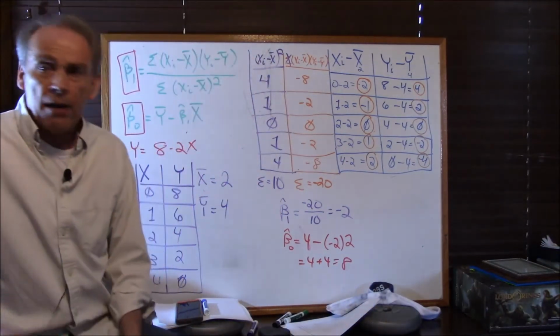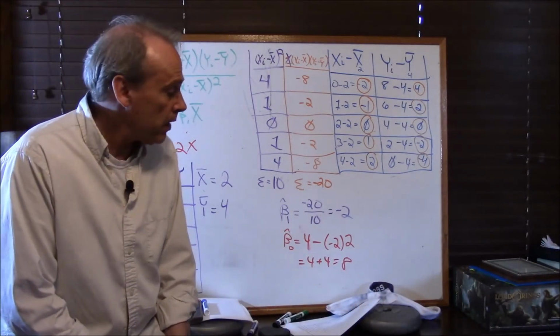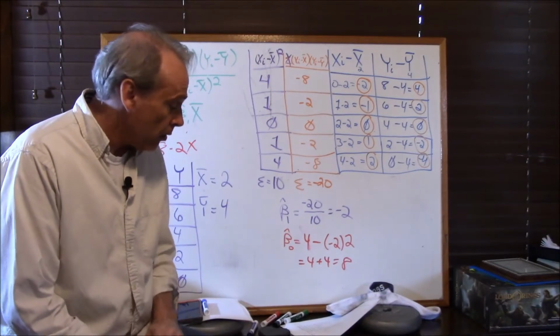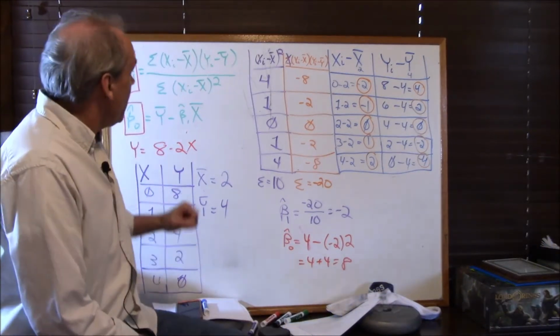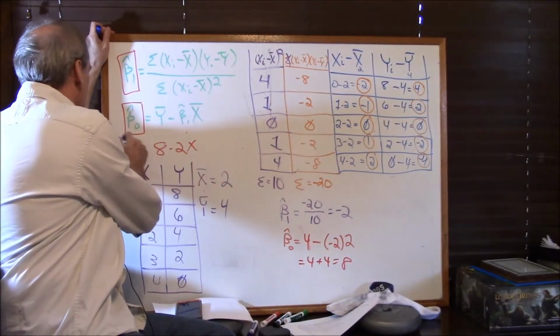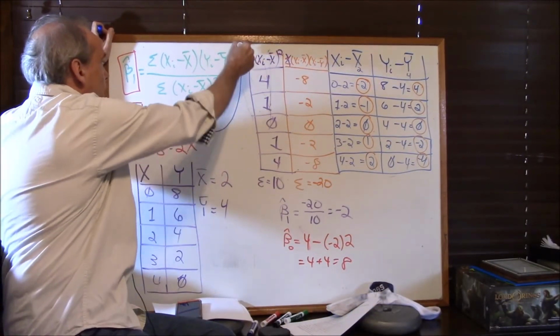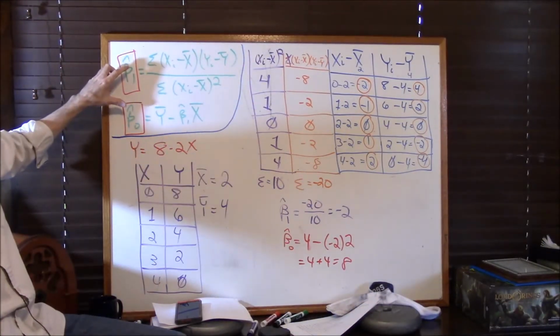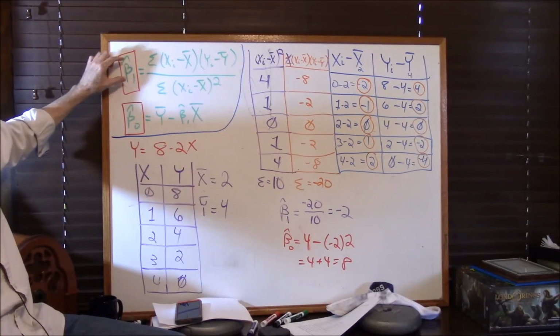Again, when you do the calculus, and I'll show this in a separate video, but it's not really part of the course that you have to know to pass the course or to even get an A in the course. But when you do the derivation, you come up with these two answers right here. Turns out that beta hat sub 1 is equal to this.